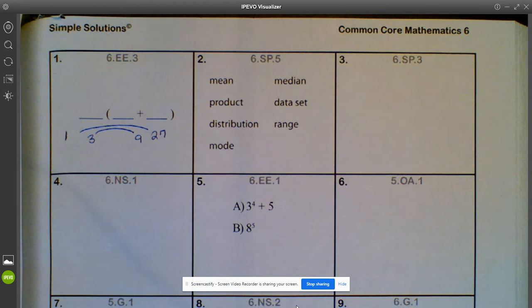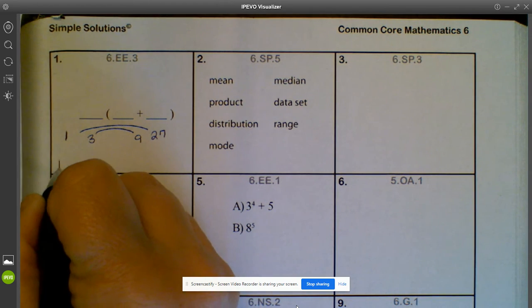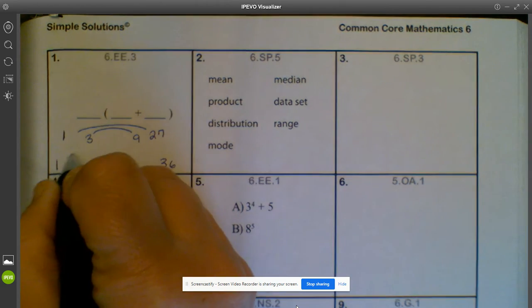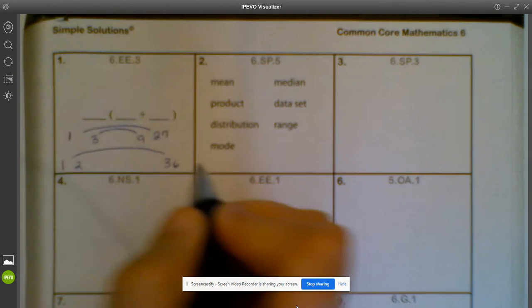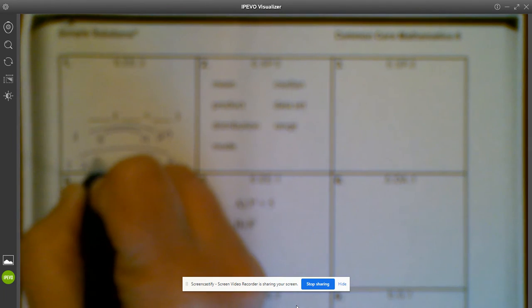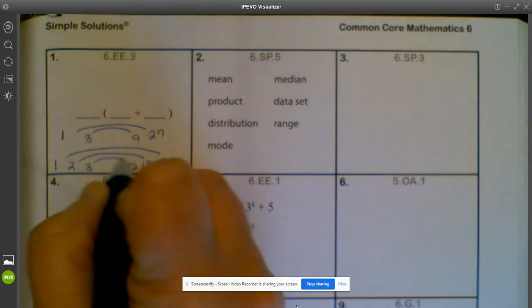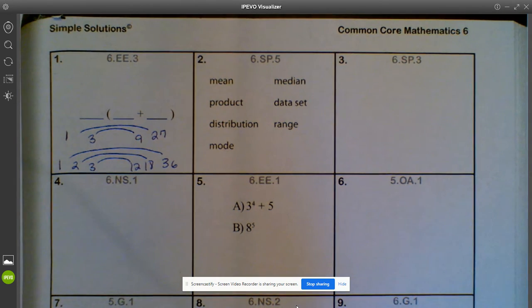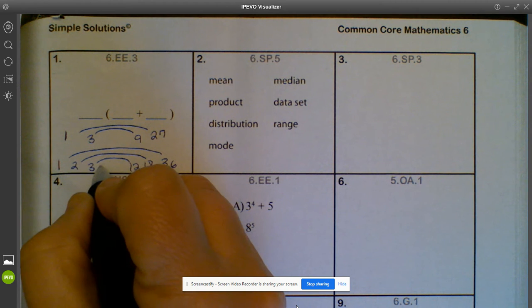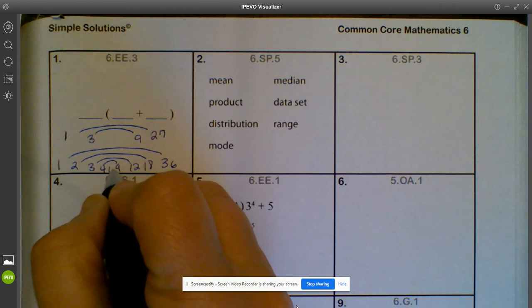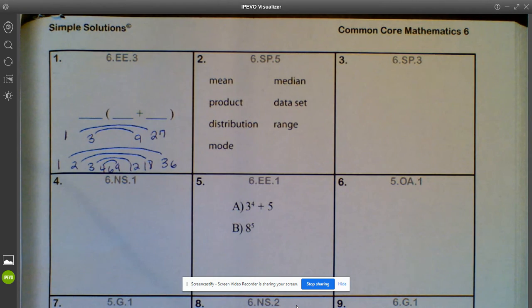And then our factor rainbow for 36, 1 times 36, 2 times 18, 3 times 12, 4 times 9, and then 6 times 6. So those are all the factors of 36.